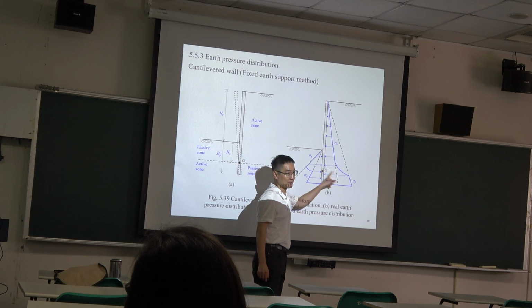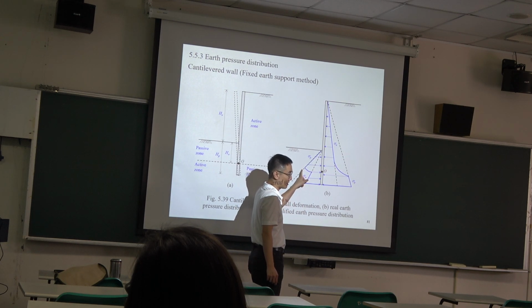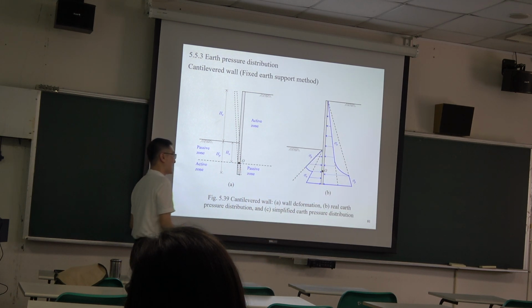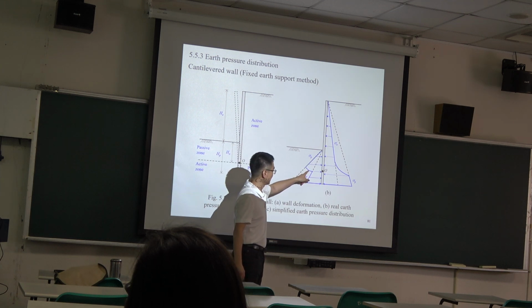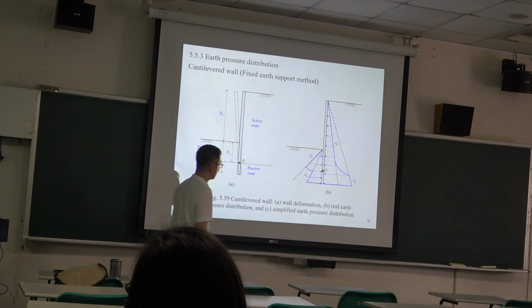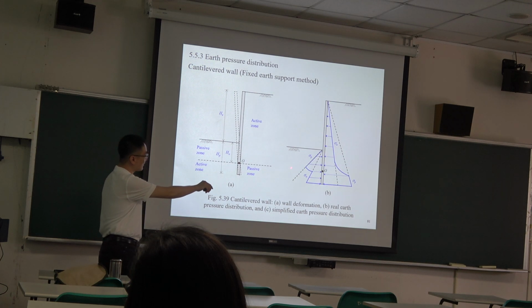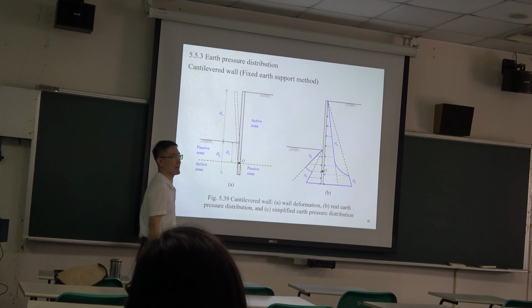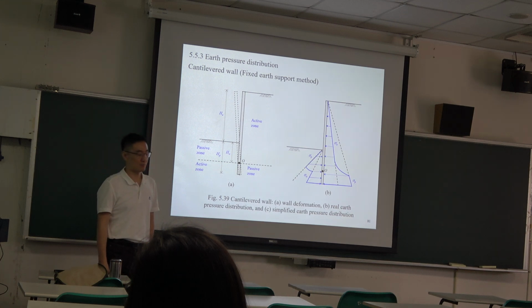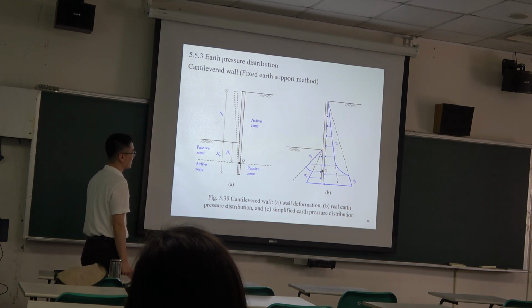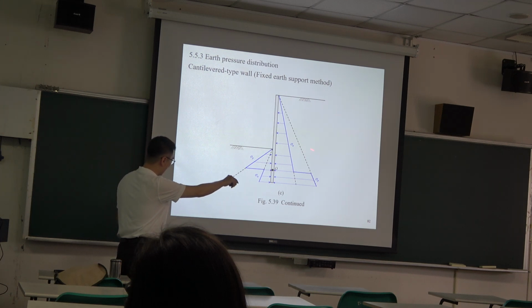This part is very difficult to measure or capture. But we know that due to the stress continuity condition, theoretically they have a certain transition. So it is very difficult to determine this part of the distribution, and previous researchers assumed the distribution changes like this.